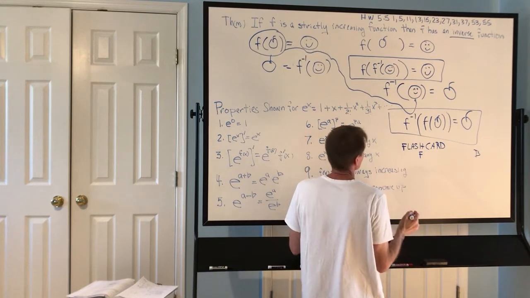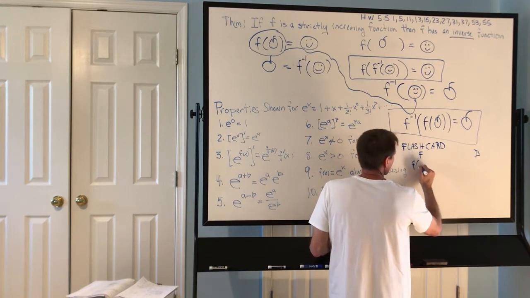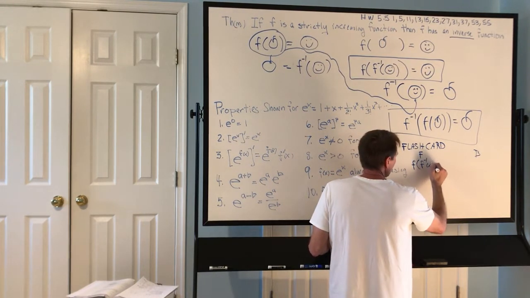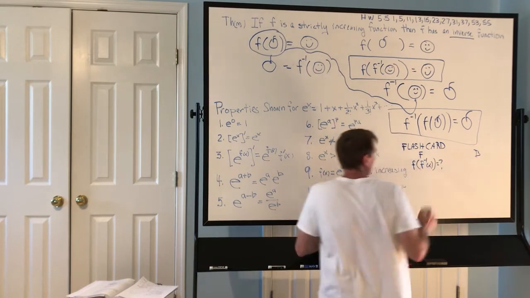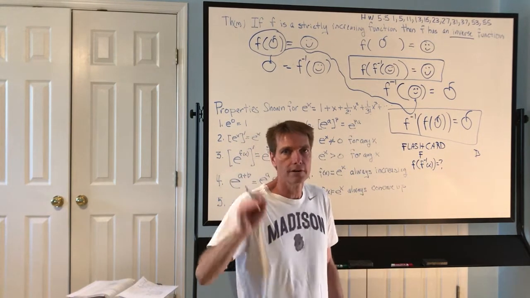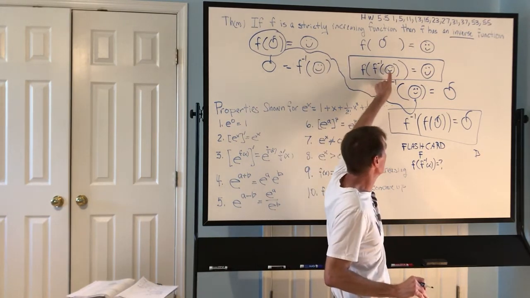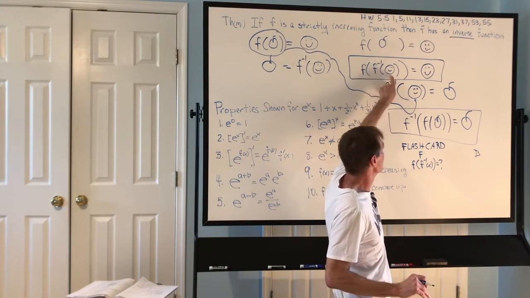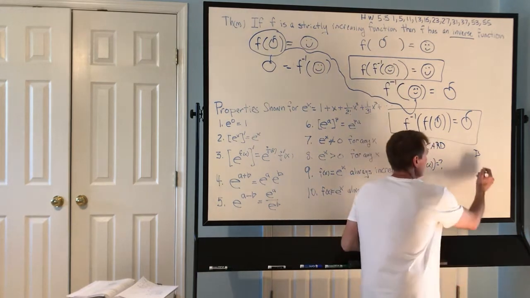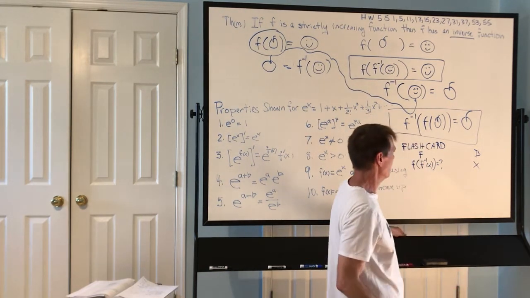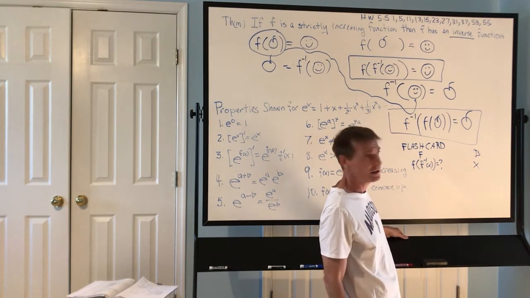This is the back. F of f inverse of x equals. That's what you write down. F of f inverse of x is equal to, and on the back you put x. F of f inverse of x is x.